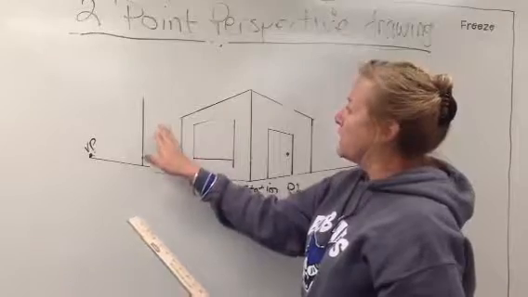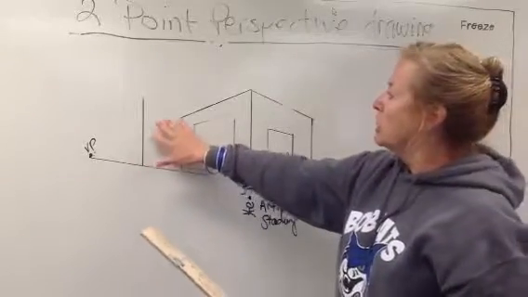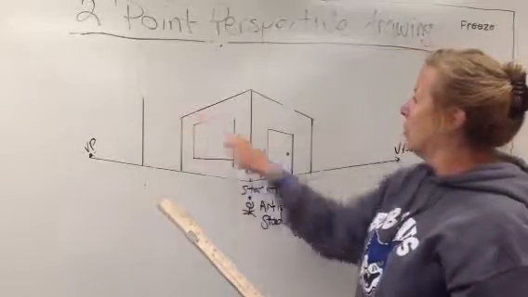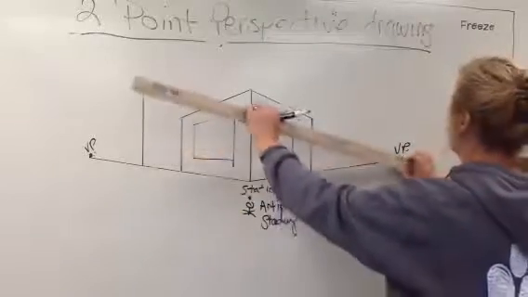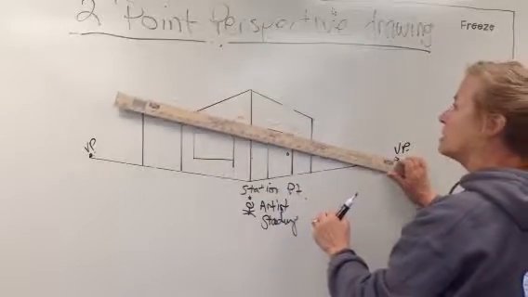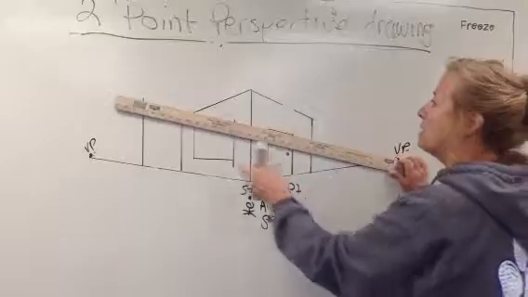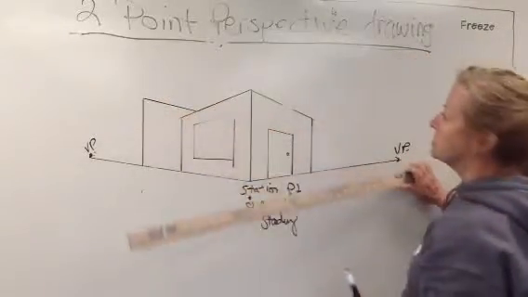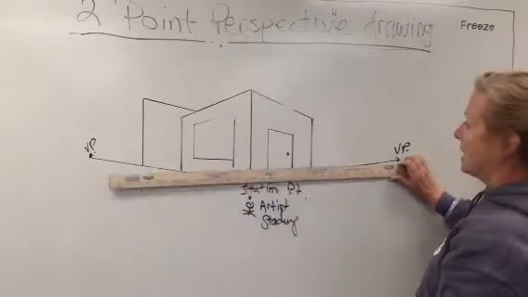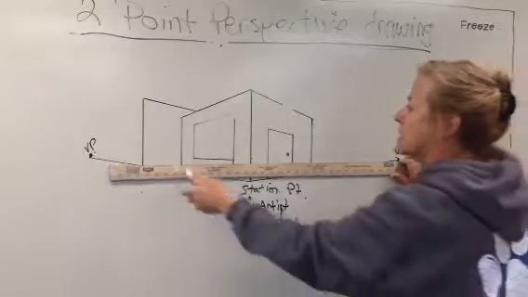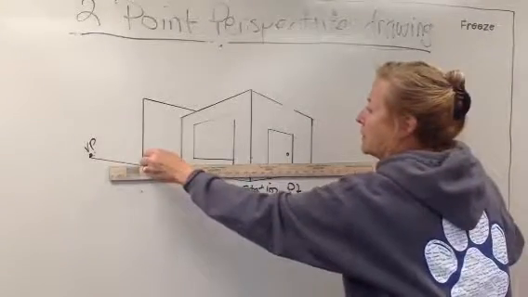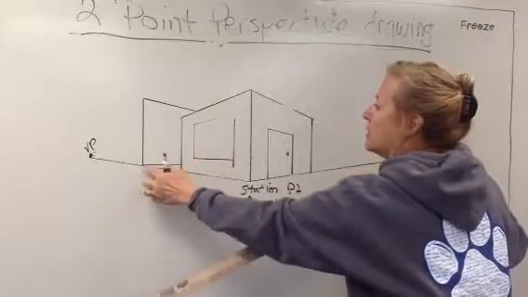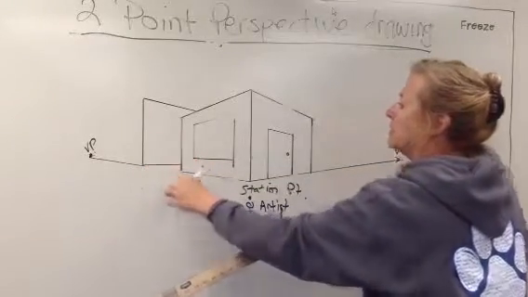We're going to do the right side, so if we're working on the right side of our building, we use the right vanishing point. So make sure you get your ruler on the right vanishing point, and then at the top of this corner that you determined, there you go, there's the top right, and now we'll do the bottom right. There we go. And then we get rid of this perspective line.